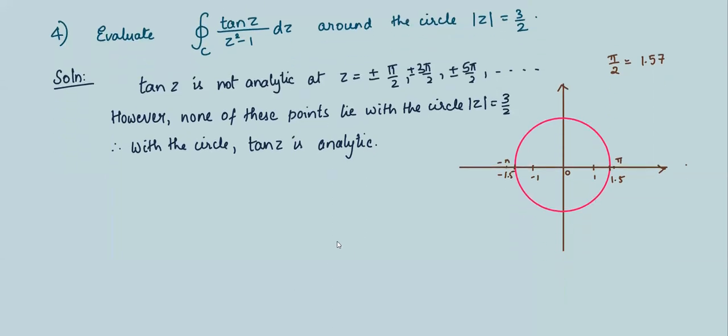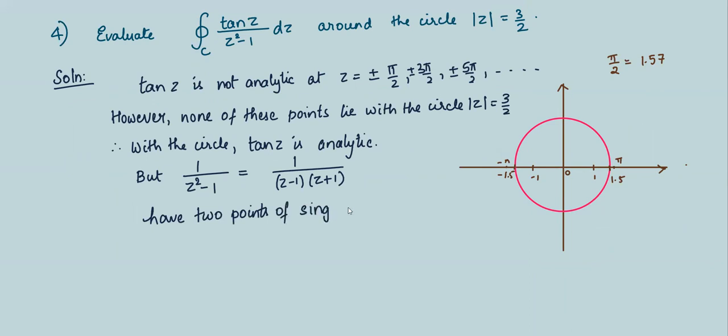Now, but 1 by z square minus 1, which is 1 by (z minus 1)(z plus 1), has two points of singularity. z is equal to 1 and z equal to minus 1, both of which lie within the circle.